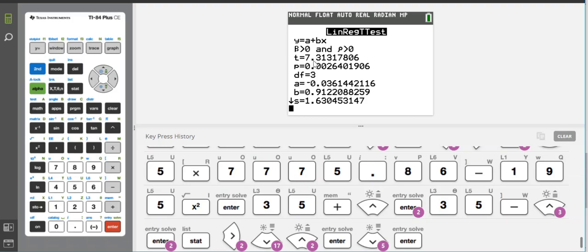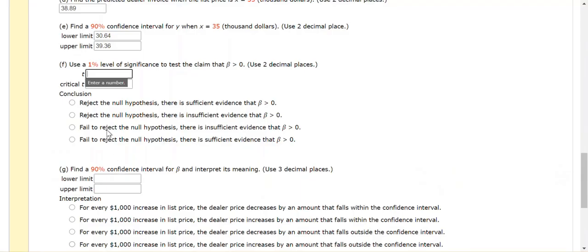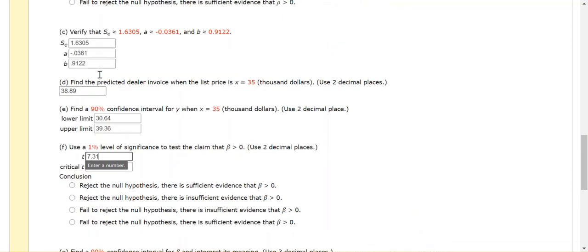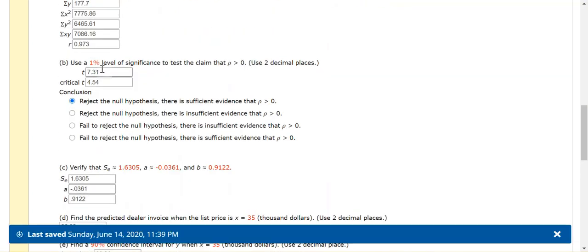My t was 7.313, and so that's the number I'm going to put here, 7.31, which is what we did up here.